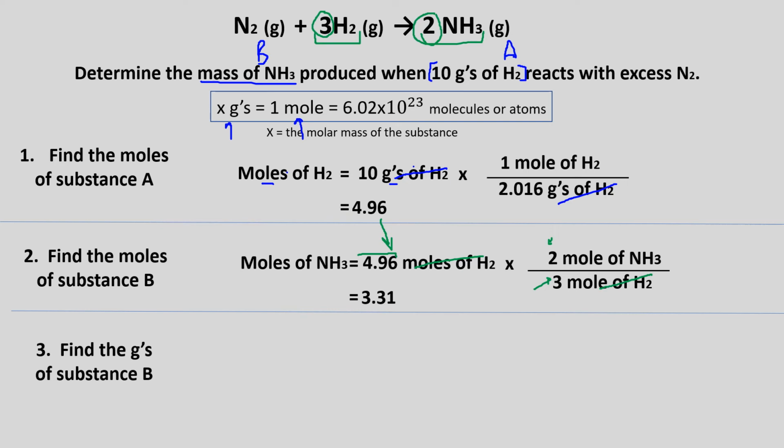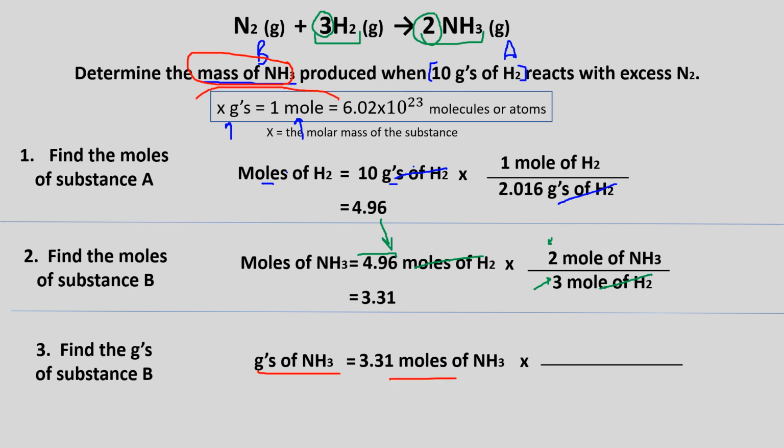Step 3 wants us essentially to answer the question. And of course, the question is asking us up here, we want to find the mass of NH3. It doesn't necessarily always need to be mass, but in this section, it is mass. So that's what we're going to find, the grams of NH3. Let's carry along our 3.31 moles of NH3, X on a line, and back to our boxed expression. Once again, we're talking about grams and we're talking about moles. So we're talking about 1 mole and the molar mass.